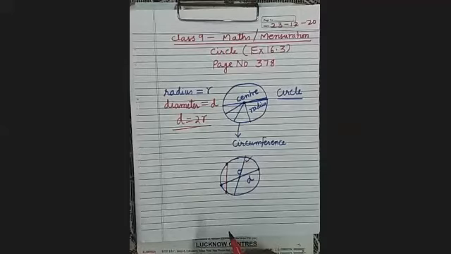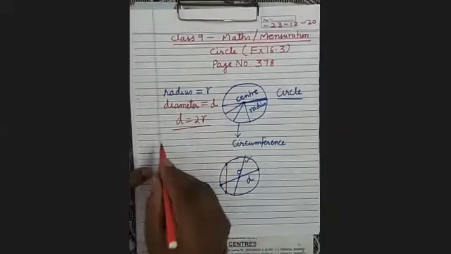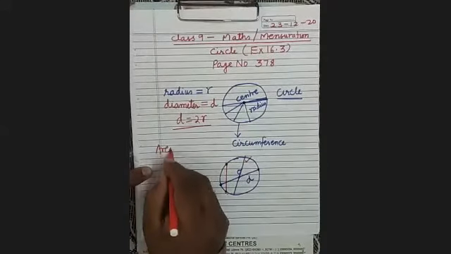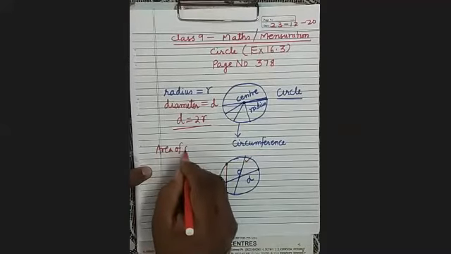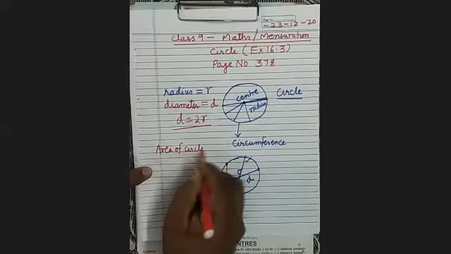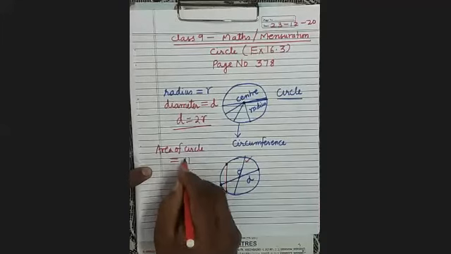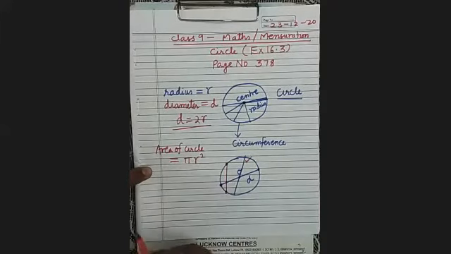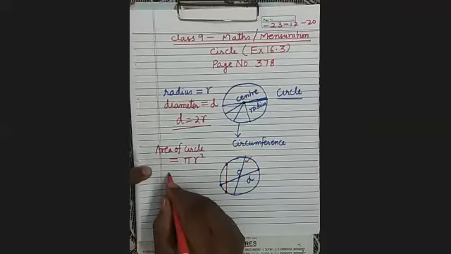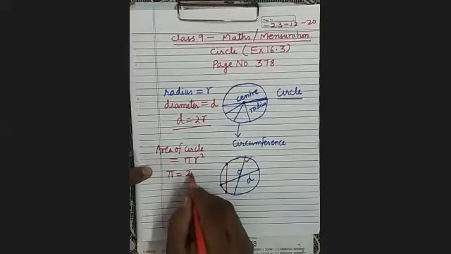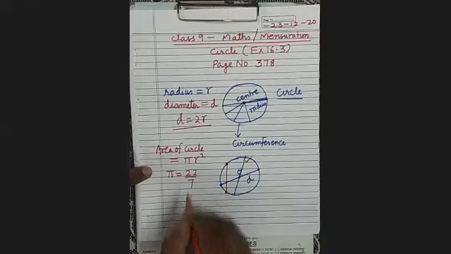It's clear. So the very first formula is area of circle. It is pi r square. What is the value of pi? If the value of pi is not given in the question, then we will take 22/7.